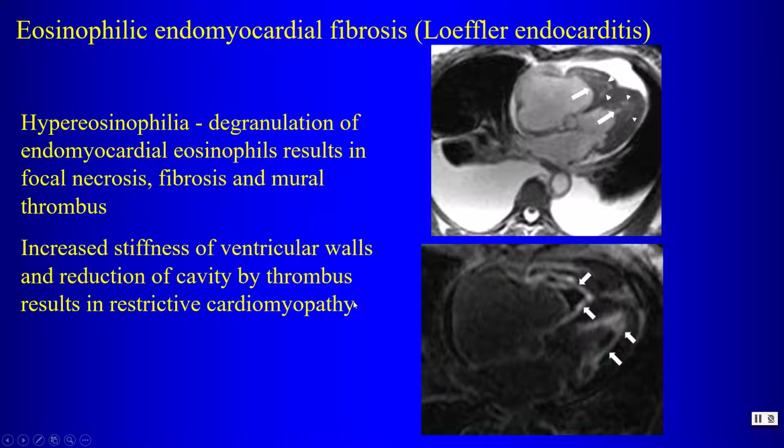The ventricles can become stiff, and these patients can develop a restrictive cardiomyopathy. Notice the atria are dilated here because of restrictive cardiomyopathy. This patient also has large bilateral pleural effusions. So this subendocardial enhancement associated with mural thrombi can affect both ventricles. So this is a manifestation of Loeffler's endocarditis.